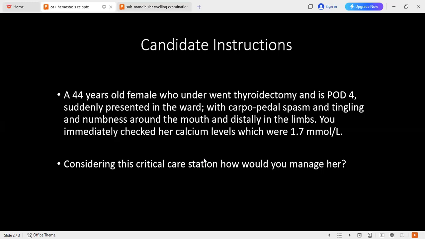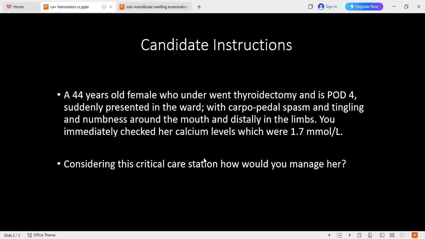Carpopedal spasm, or Chvostek's sign, which is tapping over the facial nerve leading to contraction of facial muscles. Or Trousseau's sign, tapping over the median nerve after inflation of a sphygmomanometer over the upper limb, which leads to carpopedal spasm, and numbness around the oral muscles.